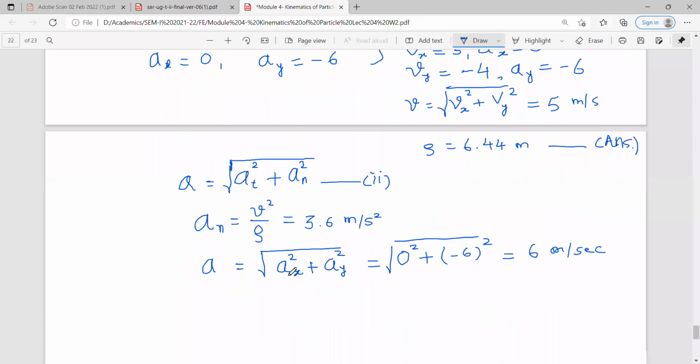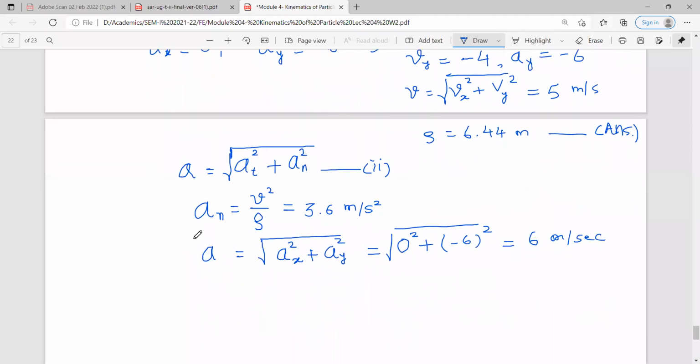Okay. So this value of acceleration I will put in equation 2. So I will get 6 is equal to the square root of the tangential value, which we have to find out, plus the normal value, 3.6 square.